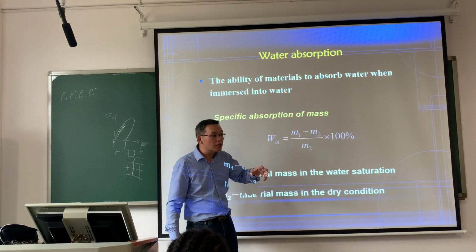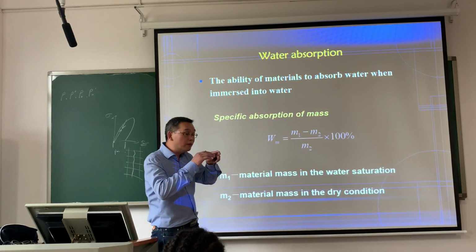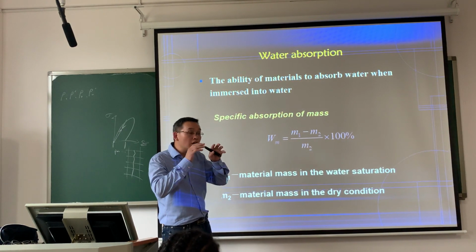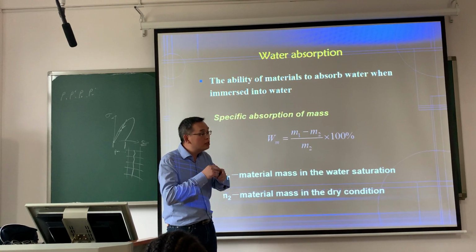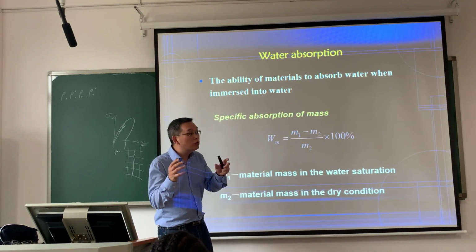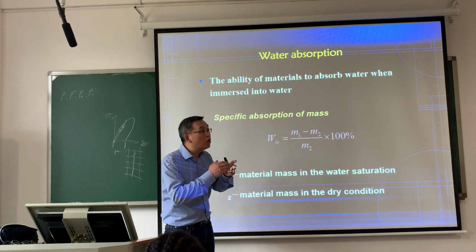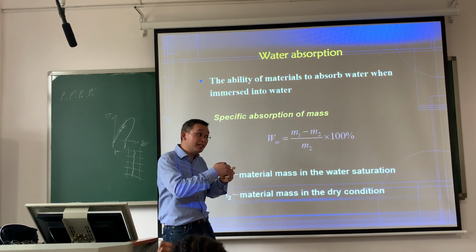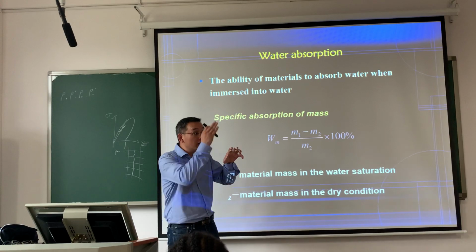Because we have learned that any kind of material has some holes in it. So if we put the material into the water, the pores will absorb the water. And if the water comes into the material, the mass of the material will increase.